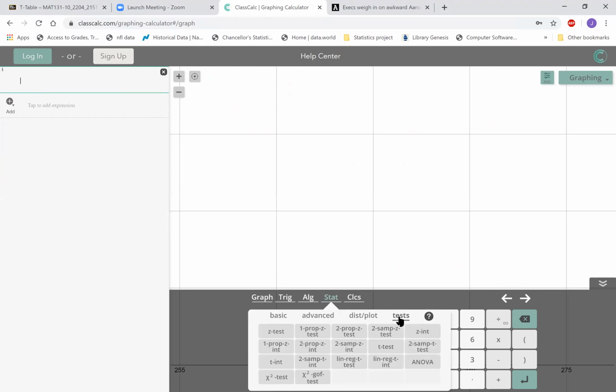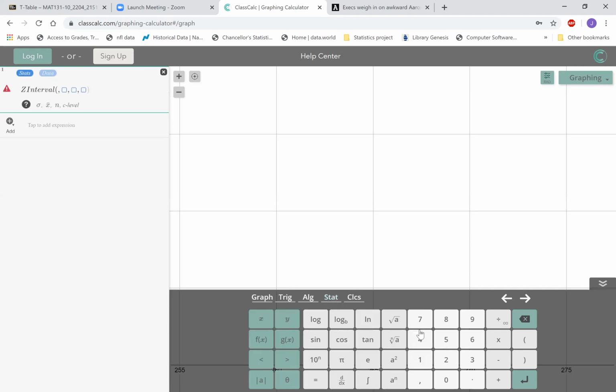In the first row, it says Z test, 1 prop Z test, 2 prop Z test, 2 sample Z test, and then Z INT. You actually want to use Z INT. INT stands for interval, so we want to do the Z interval. Everybody good on how to find the Z interval?